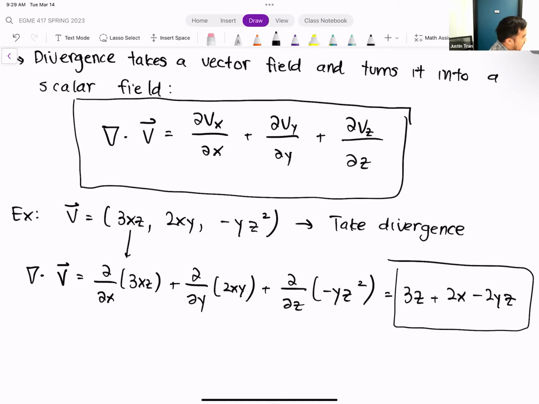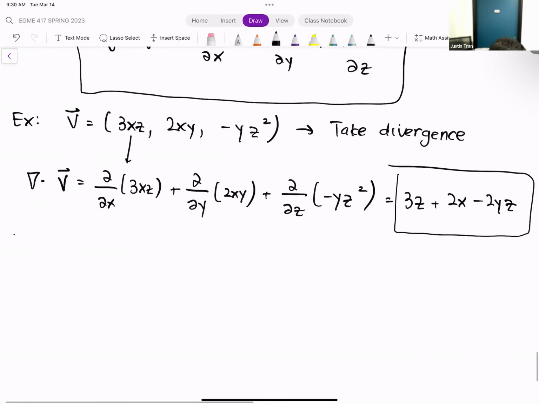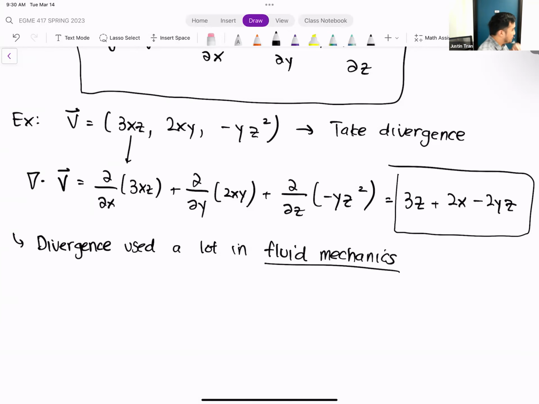Okay. But I will say that where you see the divergence a lot is in fluid mechanics. And the divergence is often used to represent things like conservation of mass.